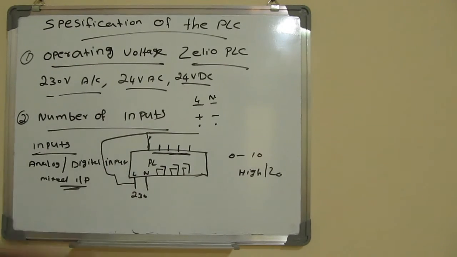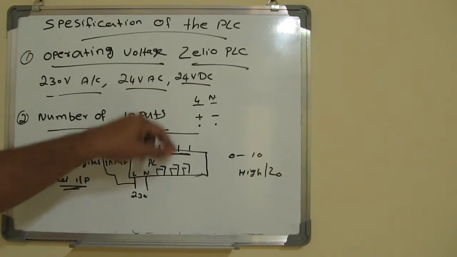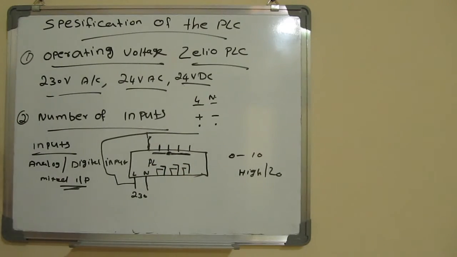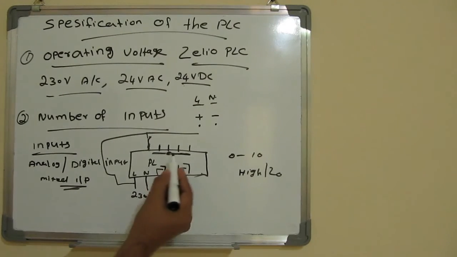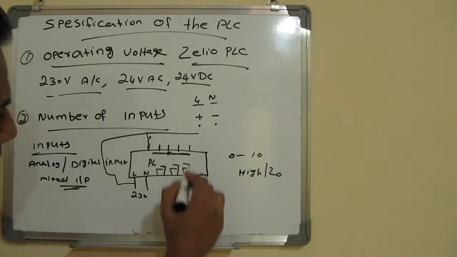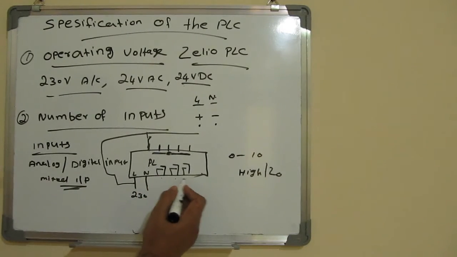Whenever the 230 volt supply is present at a particular input, the PLC will understand that this input is active. If the supply is not present there, the PLC will understand that the input is not activated. After scanning the inputs, according to the logical diagram, the PLC will enable or disable each of its outputs.